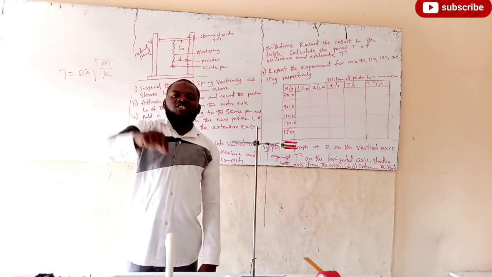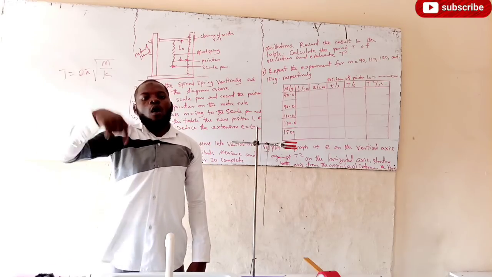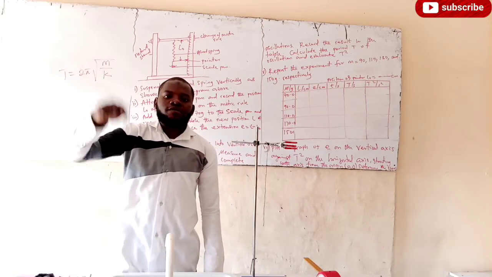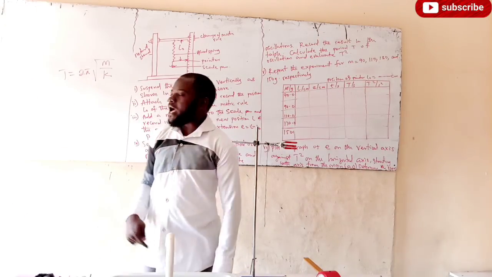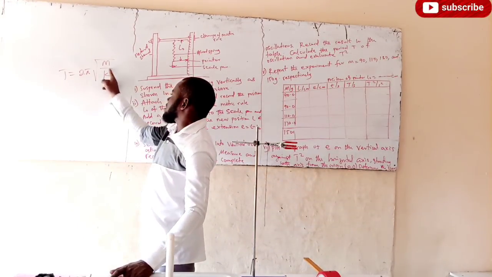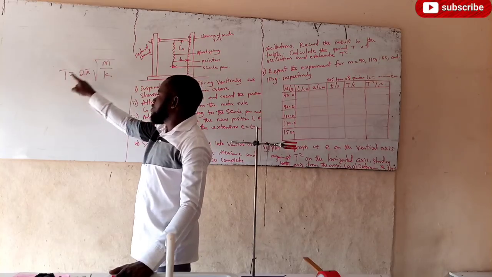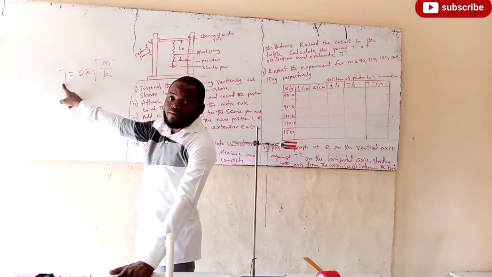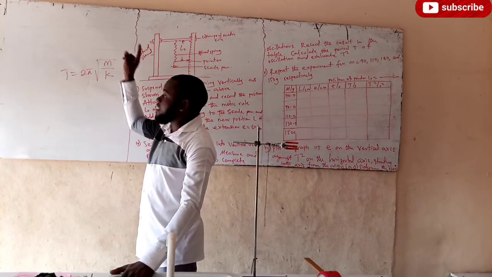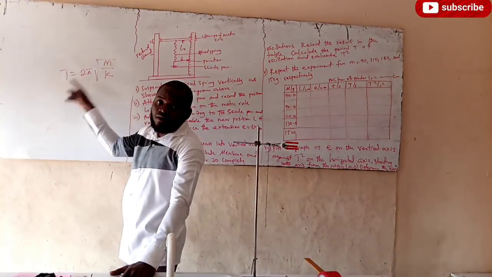Case 2, as you are increasing the mass, they can easily determine what will happen to the period since the spring constant is known. And that is why I have given this equation. By the time you know your spring constant, if I have a mass of 50 grams, I can tell you what the period will be. By the time I know your spring constant, if I increase the mass to 70, I can tell you what the period will be. Are you getting this now?